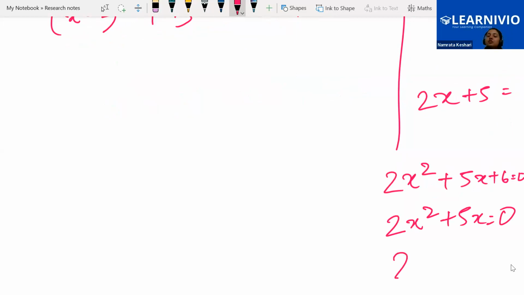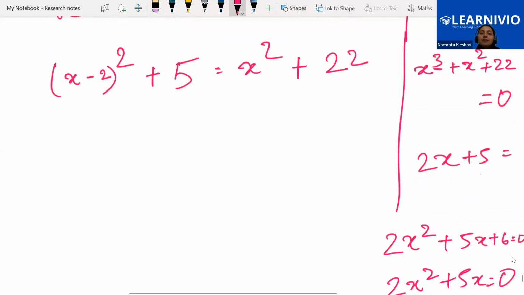If we have just 2x square equal to 0, it is also a quadratic equation. So it doesn't matter whether other terms are there or not, the x square term has to be there. The highest power of the variable should be x square. If you have an x cube term and an x square term also, then that will not be quadratic. Okay, so we have to check.